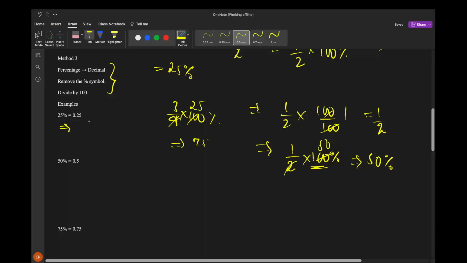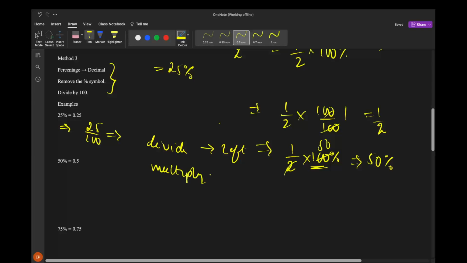25% to decimal. 25% means 25 by 100, right? And as I told in previous videos, decimal basics, if divided by 100 or multiplied by 100, or any number of zeros: if divided, then the decimal point goes left side. Divide, decimal goes left. Multiply, decimal goes right side, right?